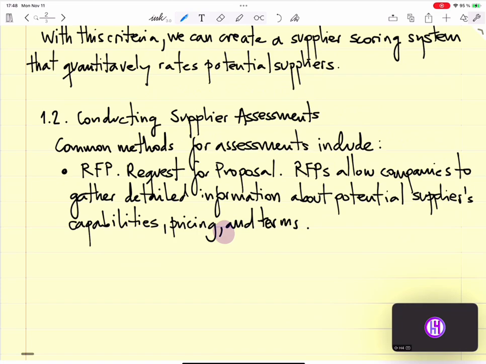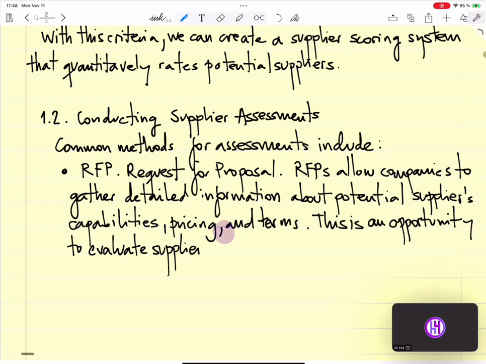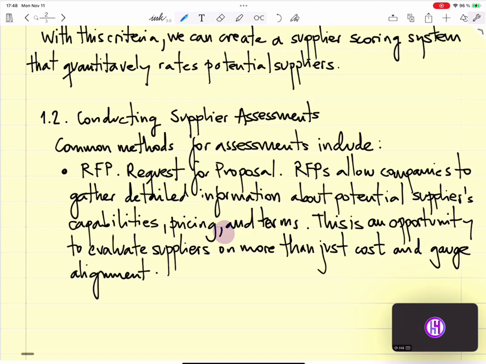This is important if you are assessing contracts. This is an opportunity to evaluate suppliers on more than just cost, and gauge alignment in organizational values.